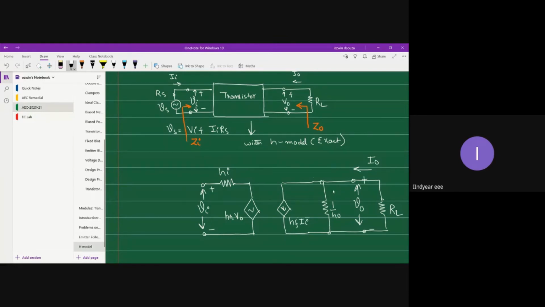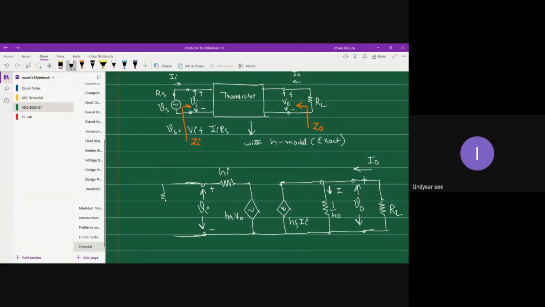Let's say this current is some I, because I naught gets in and it is going to split into two components, the HF Ii component and the current through this admittance. So let us take it as some current I. And on the input side, what we have is our source, which is not ideal.